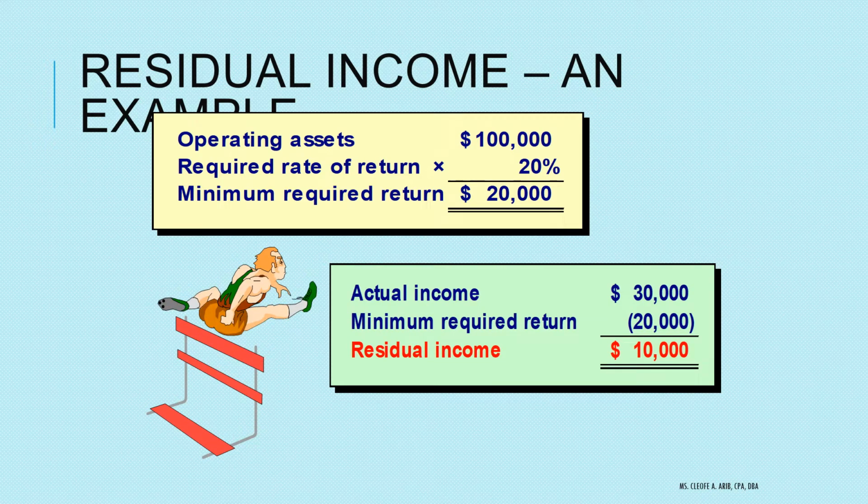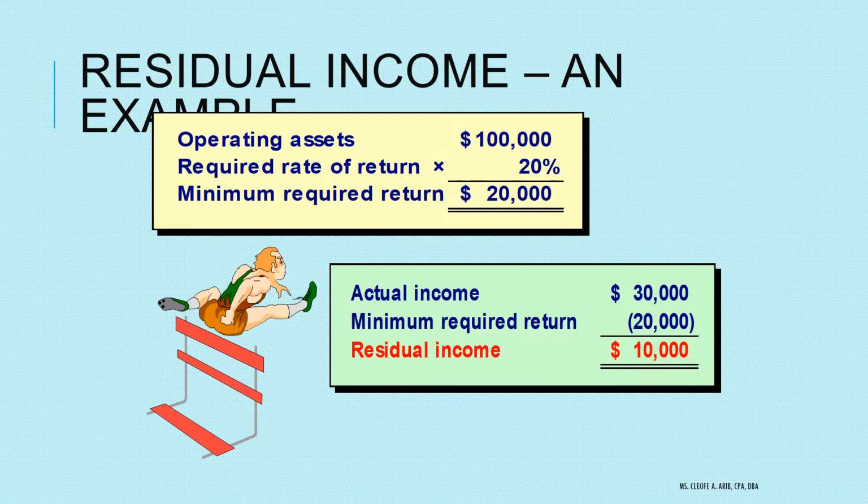So by using the information given, we have here operating assets of 100,000. So ibig sabihin, the business invested 100,000 in this particular segment in the form of operating assets, and then the business would like to have a return of 20% on those operating assets.